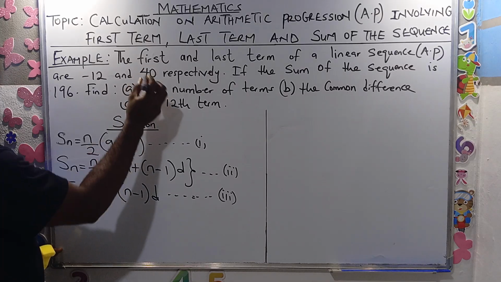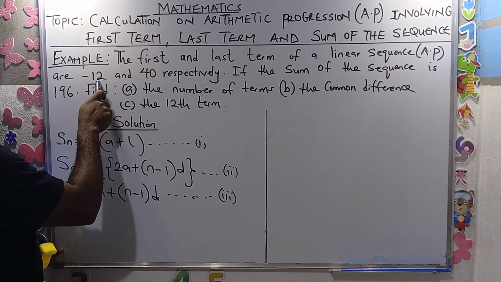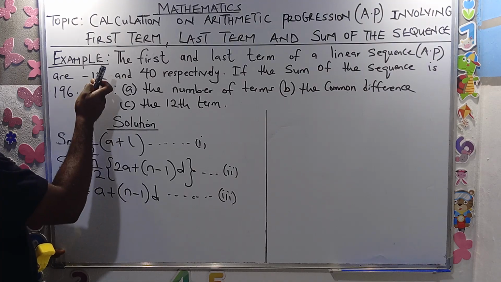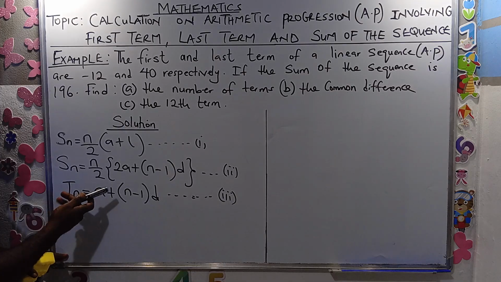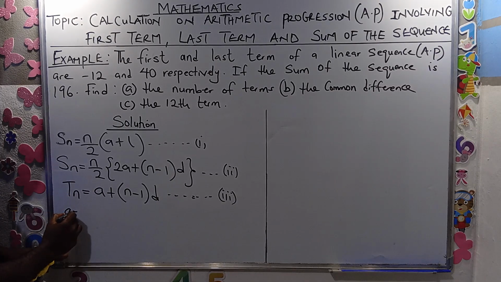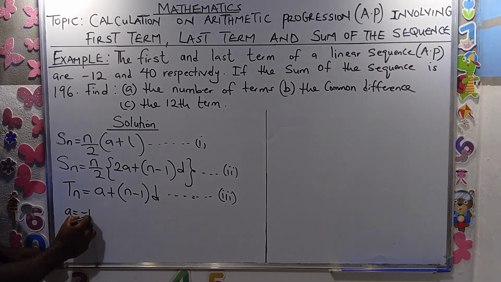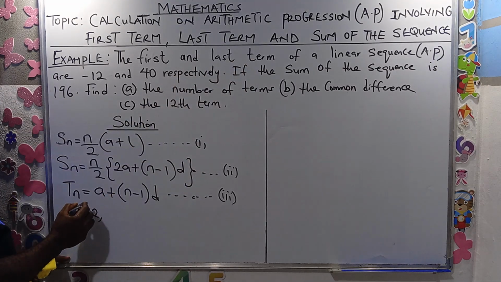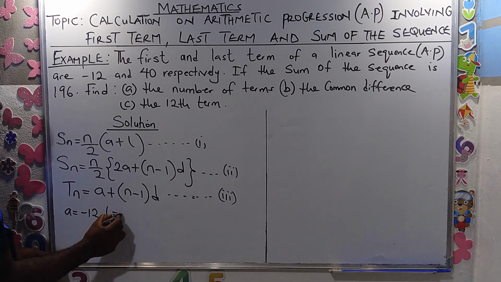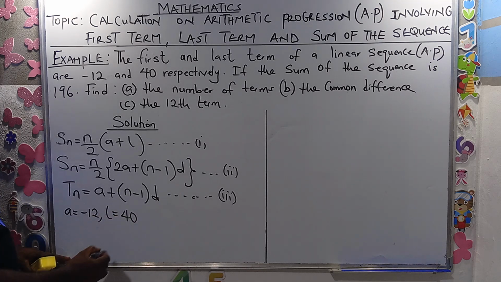The first term is minus 12 because minus 12 comes first. As we use a to represent the first term, small letter a, that's minus 12. And for the last term of the linear sequence, AP, we use l to represent the last term. That's l equals 40.